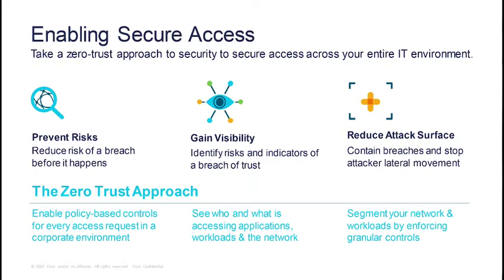So we need to help them by preventing risks, such as preventing breaches before they happen. We need to help them gain visibility into the devices and indicators of compromise, and make sure that there's the right level of trust. And we need to reduce the attack surface of our customers to prevent lateral movement within their environment.